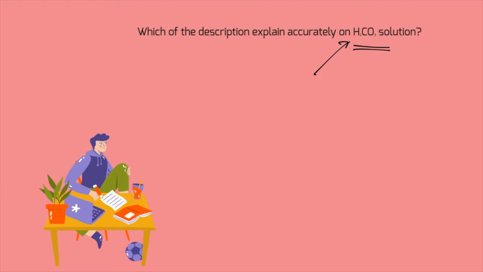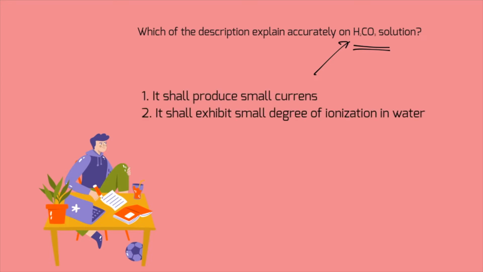Instead, it shall be a very weak electrolyte, whereby it doesn't conduct that much electricity, or it doesn't conduct so much current. So for weak electrolytes, you need to know their attributes. There are two main attributes for weak electrolytes. It shall produce small currents and it shall exhibit a small degree of ionization in water.